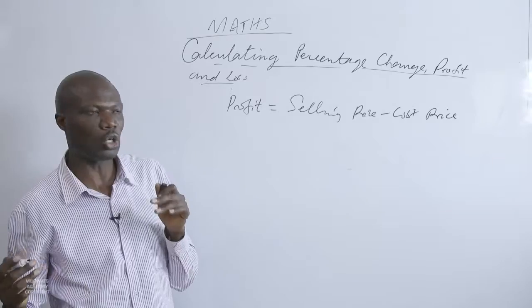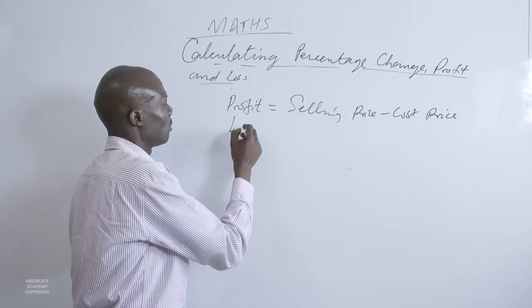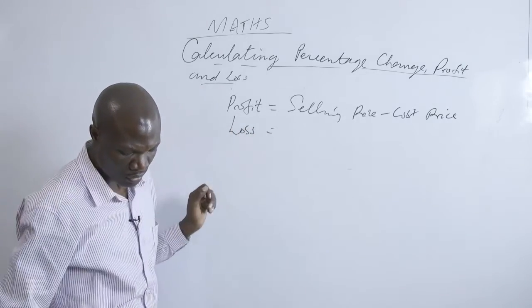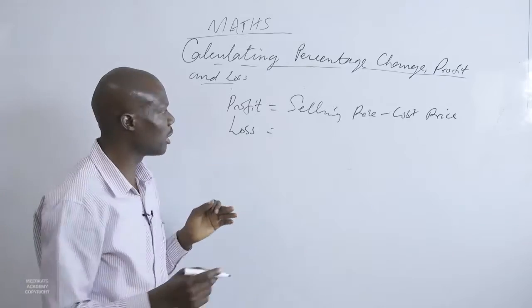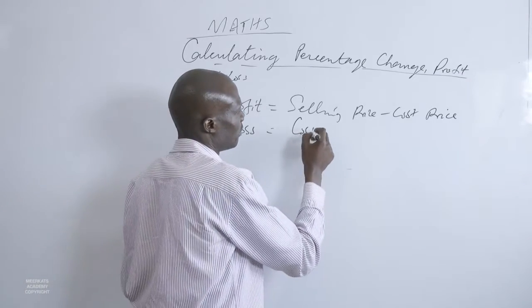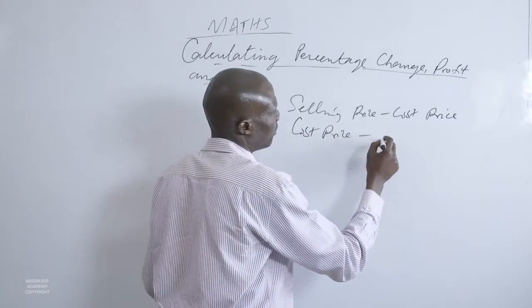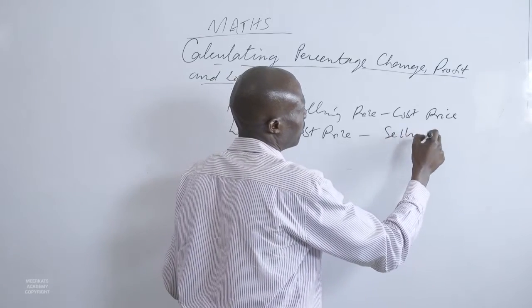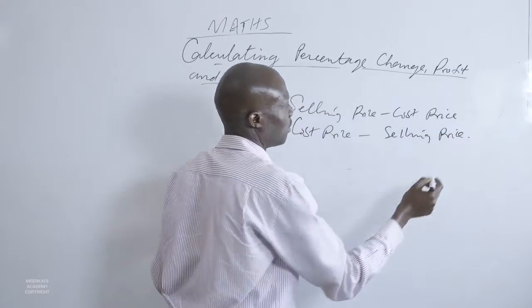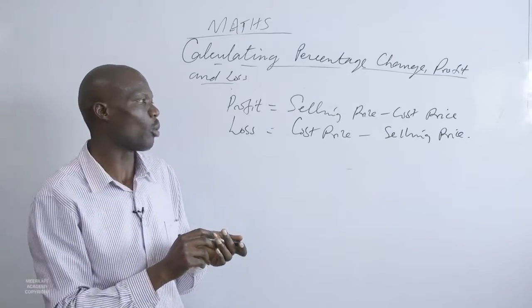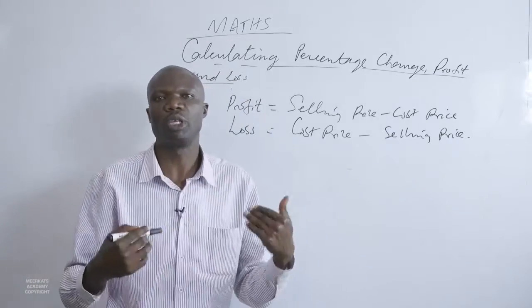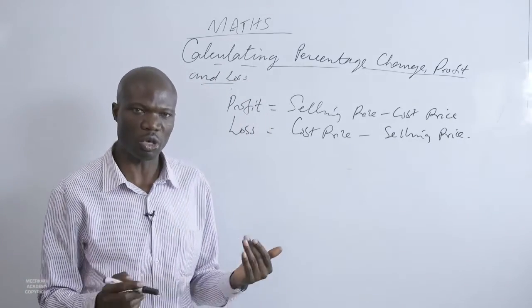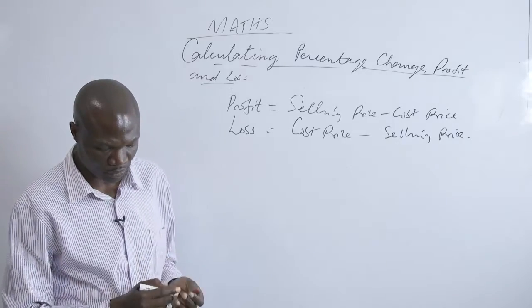Then we define loss. Loss is when the selling price is below the cost price, that is, what you sold was below the cost at which you acquired your item.